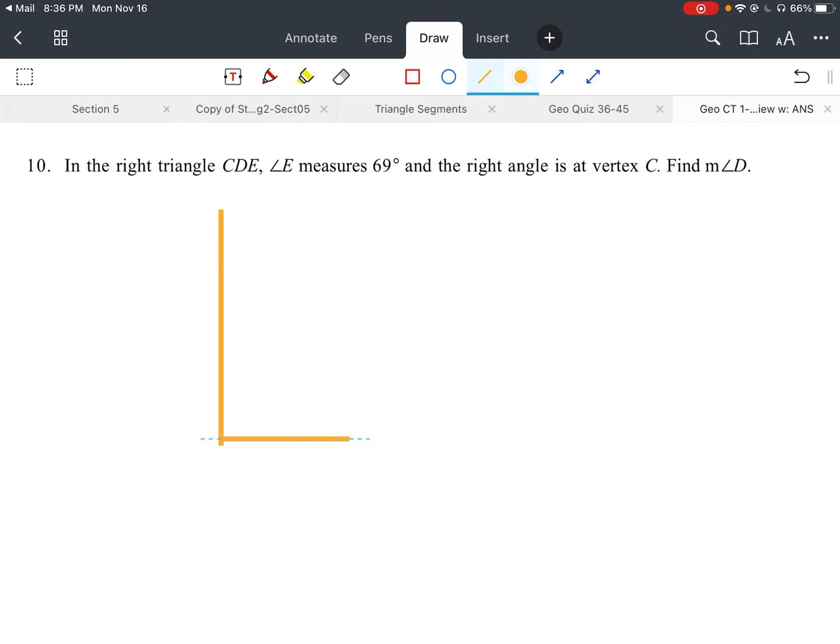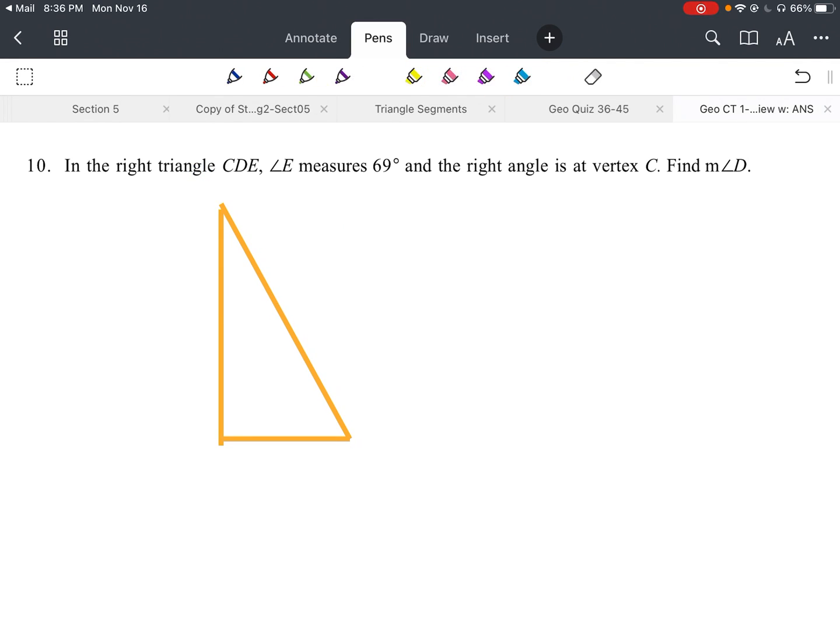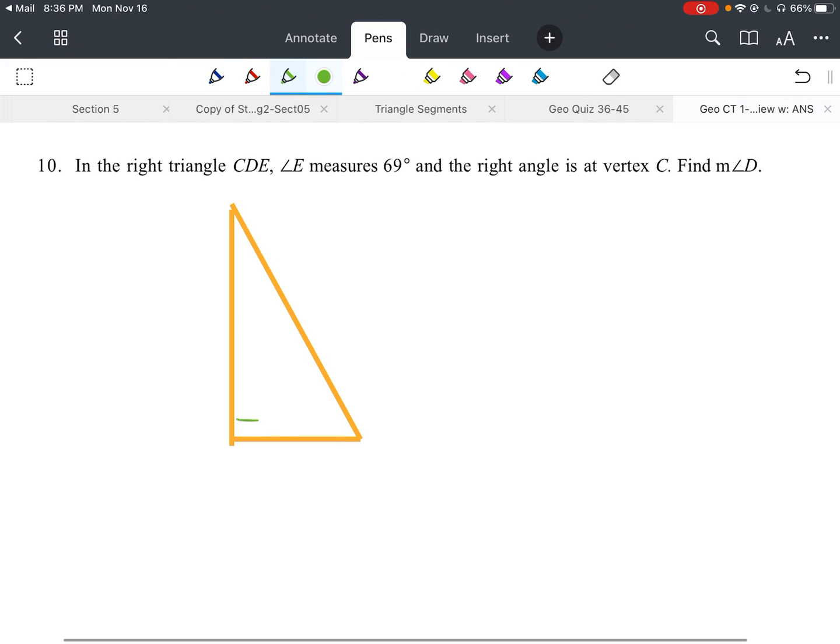And one of the measures is quite large. Here we go. So we've got a right angle down here, clearly. Angle E, we'll call this angle E, is the larger angle. And the vertex is C, so this has to be D up there.